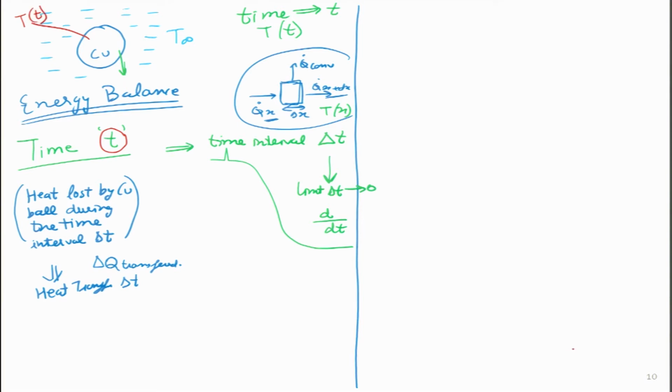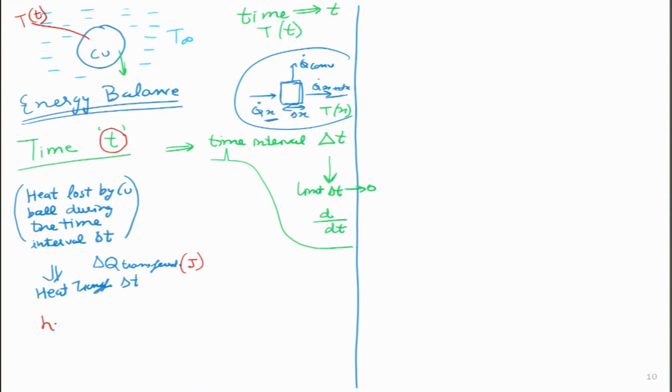So, in delta t time interval, how much energy or heat in terms of joules has been lost by this ball? The trick lies in analyzing how this ball is losing heat. Here we are assuming that temperatures are not that high, so it is not losing heat through radiation. Let us imagine how it will lose heat through convection.